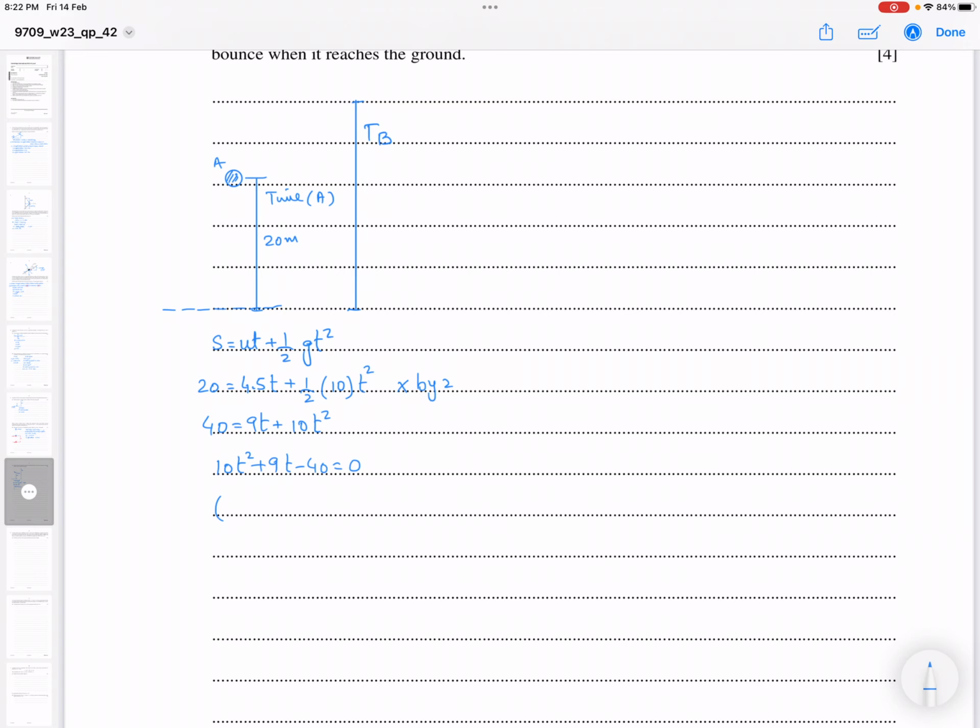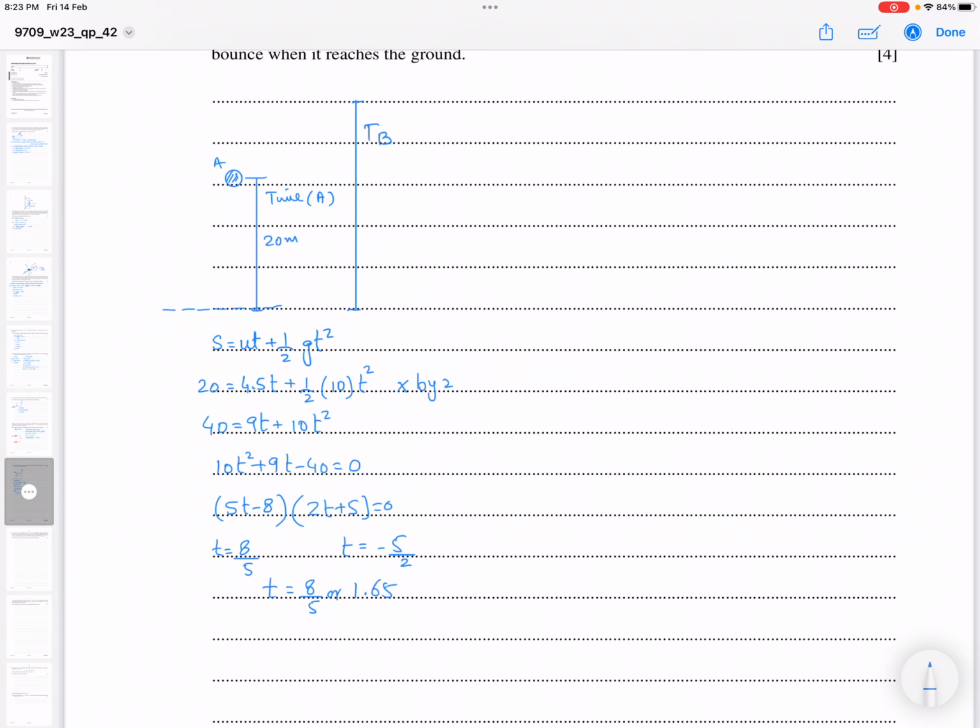Factorize this, and you get the factors 5t minus 8 and 2t plus 5 equals 0. So one t is 8 over 5 and the other t equals negative 5 by 2. So your answer for this would be t equals 8 over 5, or in decimal, 1.6.